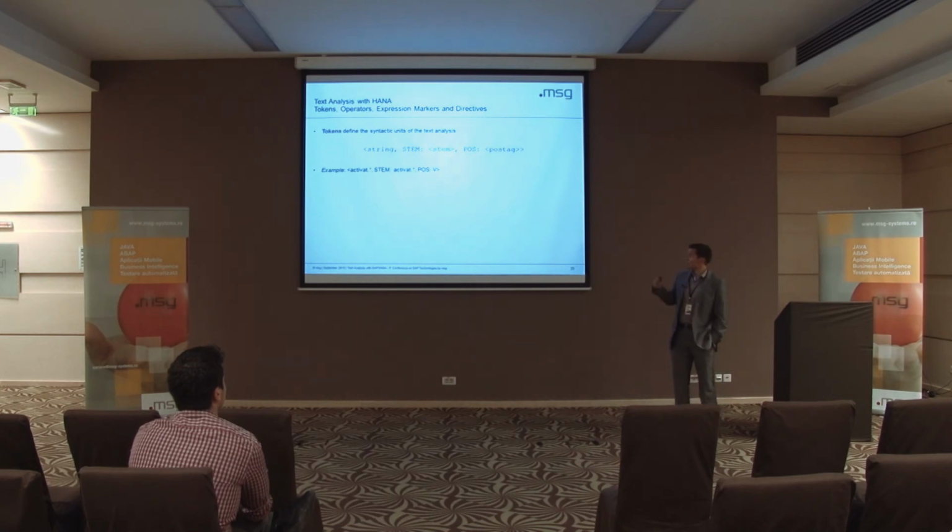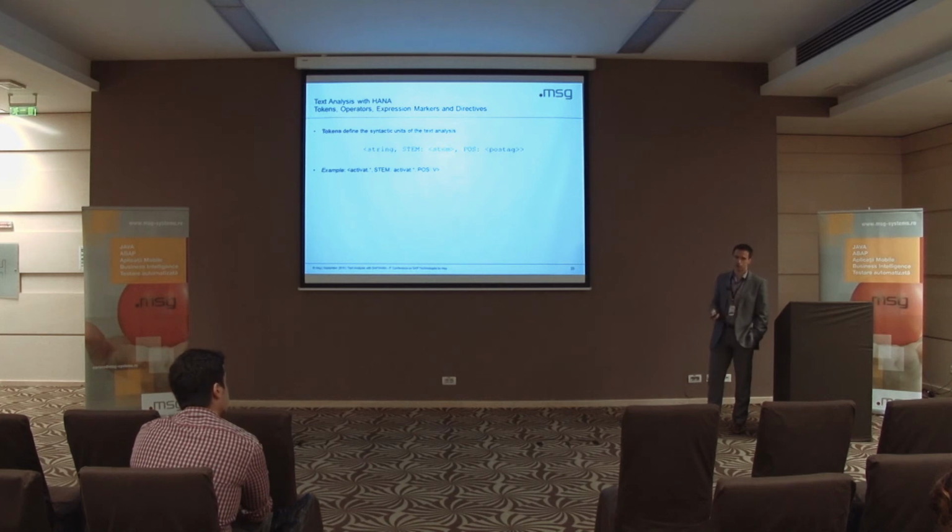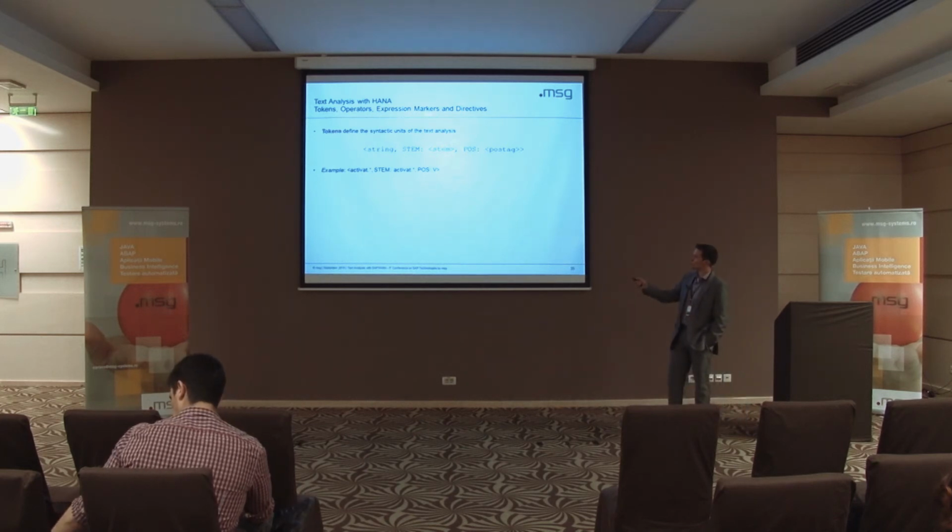Okay, now I will very briefly go through the ingredients of such a rule. Just to make you aware what the single parts are, as I mentioned before, that's not something that you have to remember, at least not until the end of the talk that's coming after me. Tokens, as I mentioned before, are the syntactic units of a text analysis.